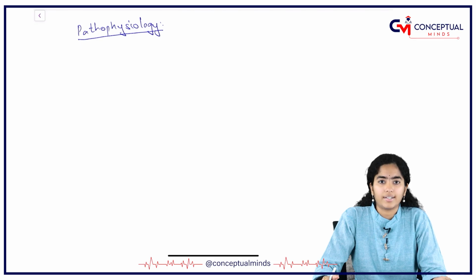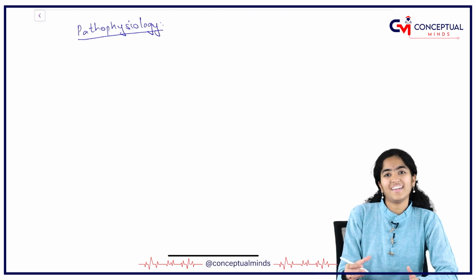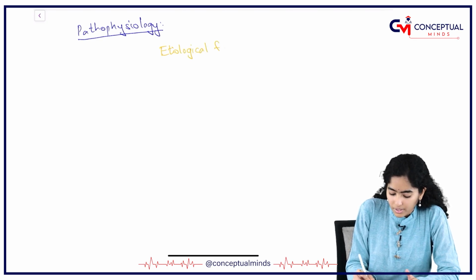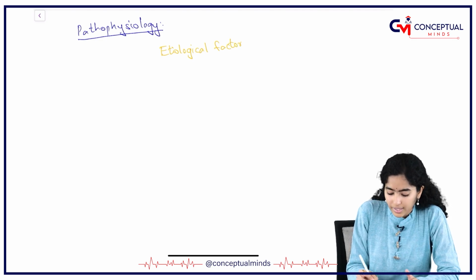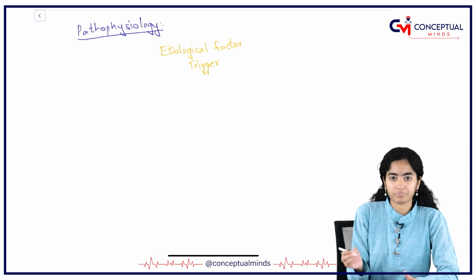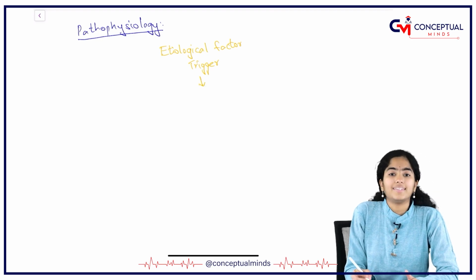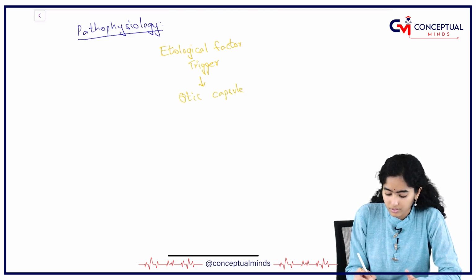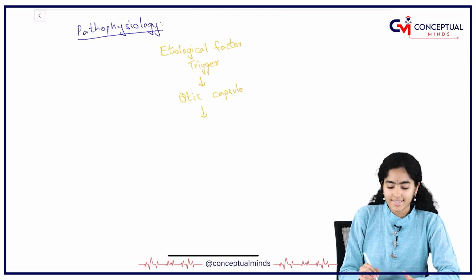Now, you might write this down in the form of a flowchart very briefly. To begin with, there is some etiological factor that acts as a trigger for all these changes to happen. These will affect the otic capsule. What exactly is happening?